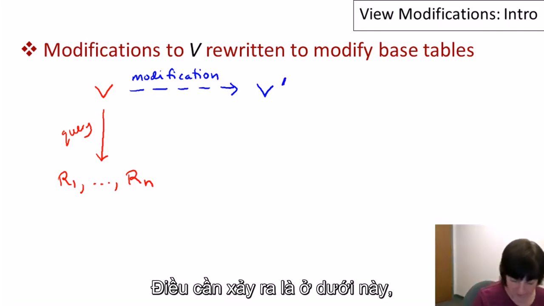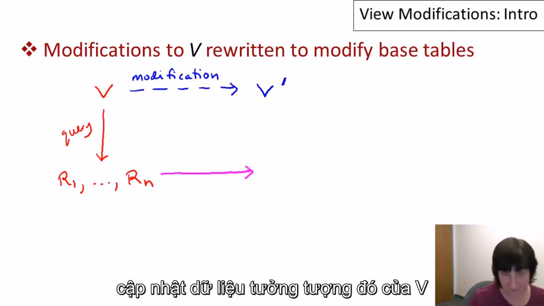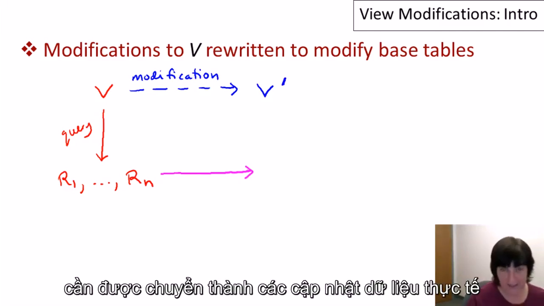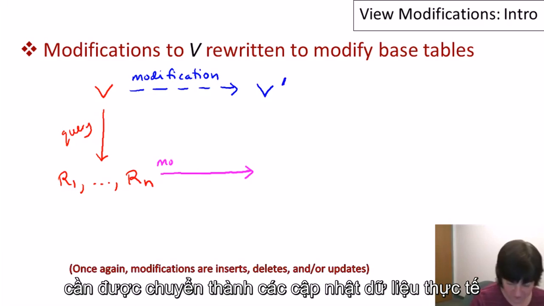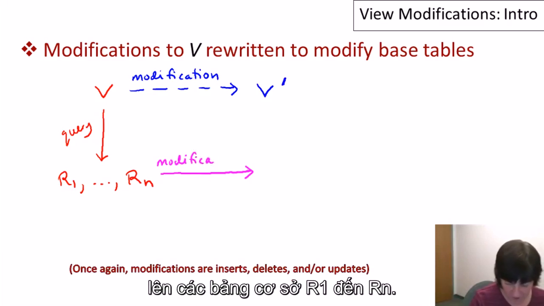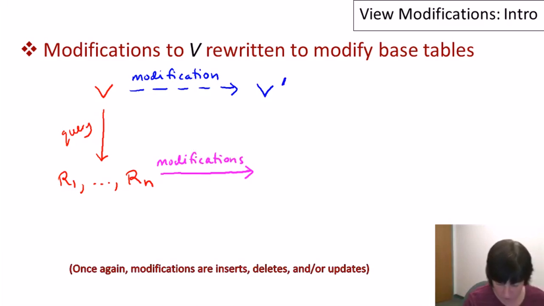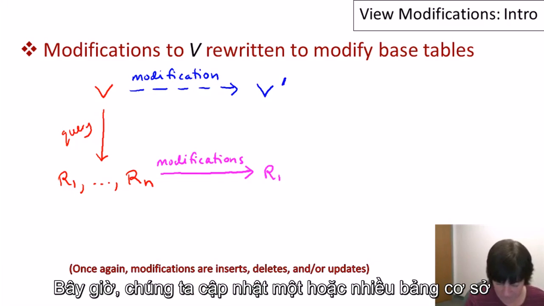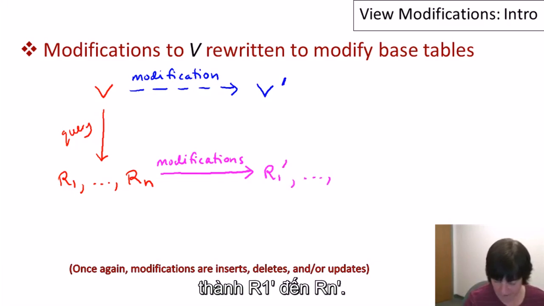What needs to happen is down here at the bottom, that modification, that imaginary modification to V, has to be translated to actual modifications on the base tables R1 through Rn. So now we modify one or more of the base tables to R1 prime through Rn prime.